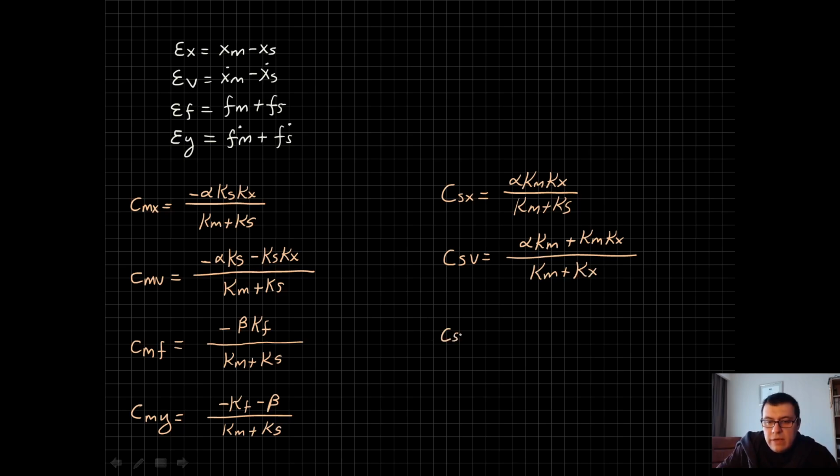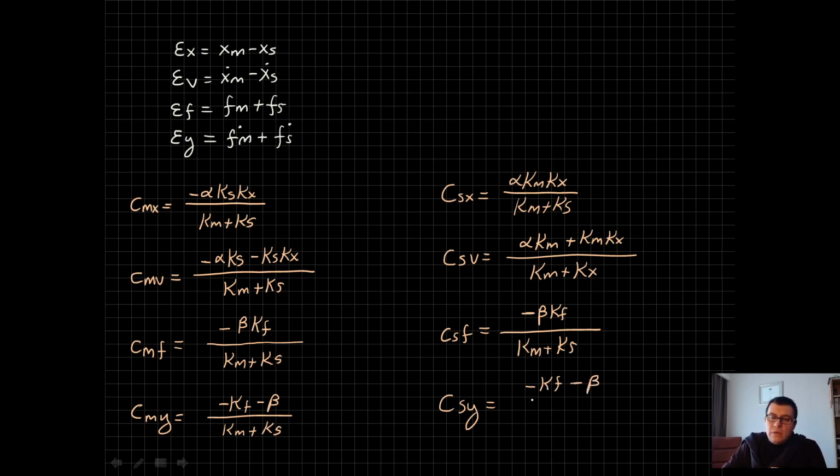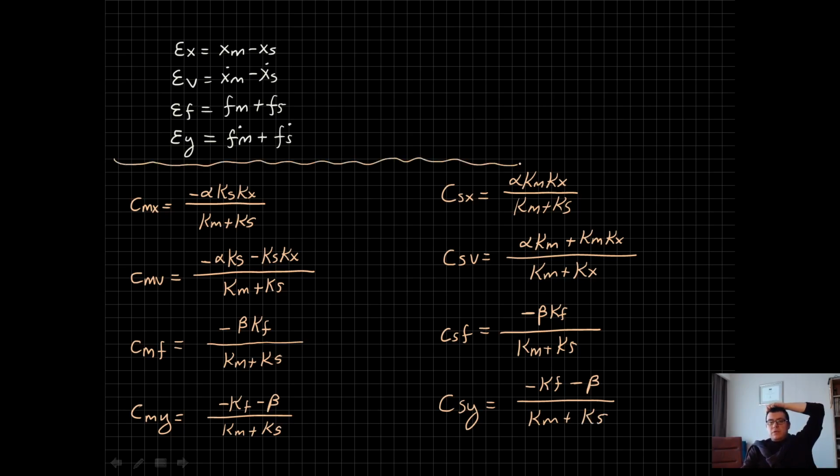C slave in force CSF is minus beta kf over km plus ks, and C slave in Yang is minus kf minus beta over km plus ks. So these are simply the coefficients used, the coefficients derived after certain algebraic operations.